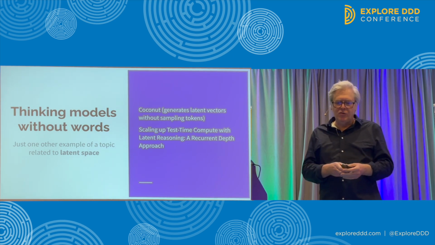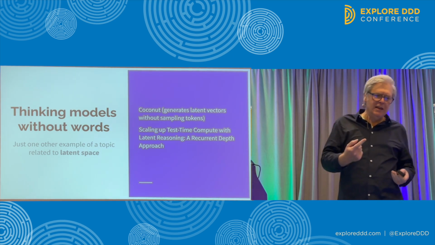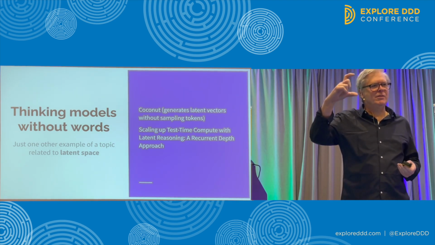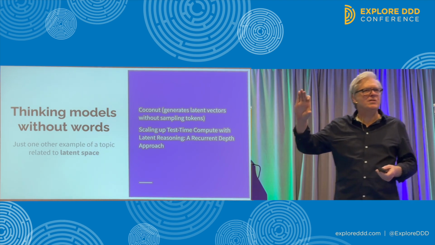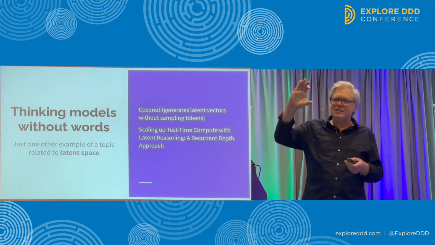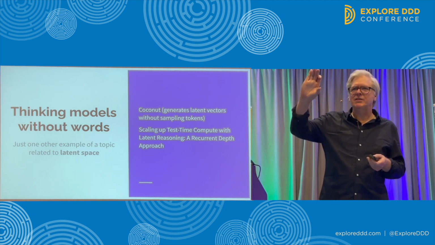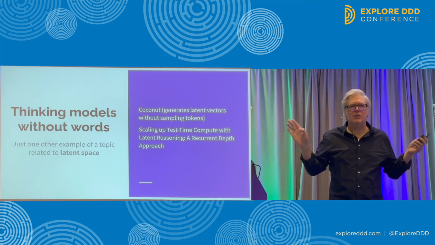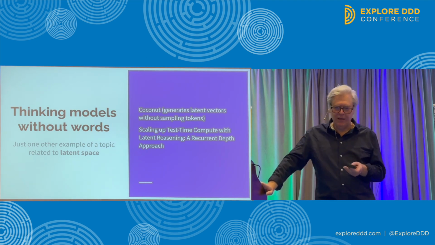Some people are trying to create a thinking model by having it crank through at that latent space level. Instead of forcing it to produce words that represent its thoughts, just take the latent space representation of that and go through another cycle. So there's all kinds of stuff like that that I'm not going to talk about, and I'm out of time. I just wanted that in there.